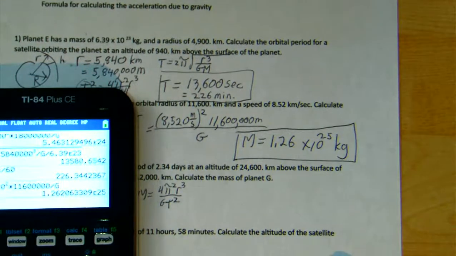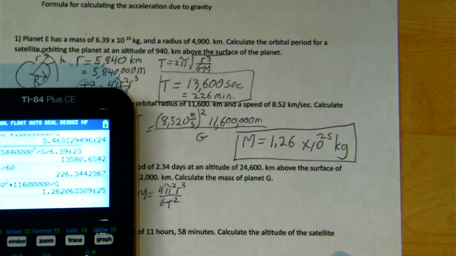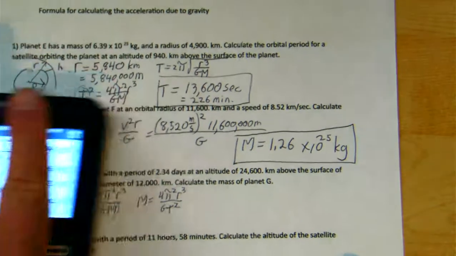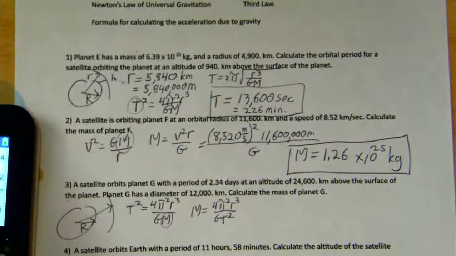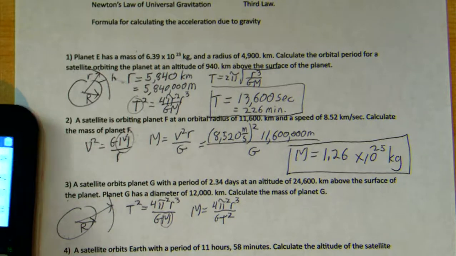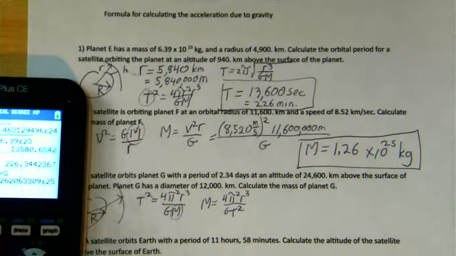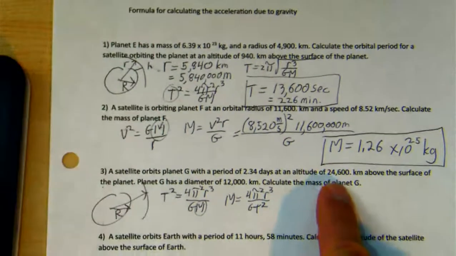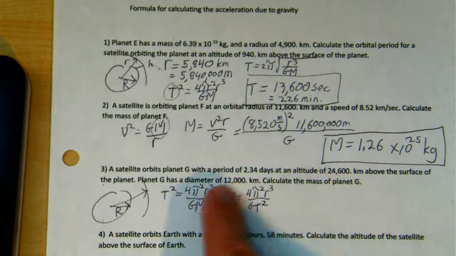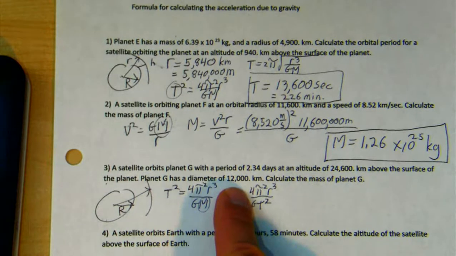4 pi squared, the radius, so I can do this as open parentheses, 24,600,000 plus 6,000,000, right? 6 million.